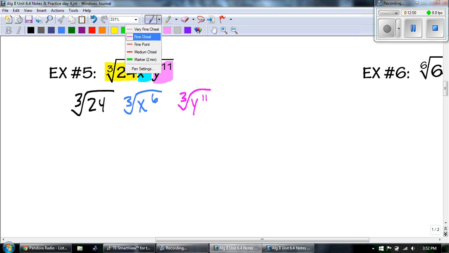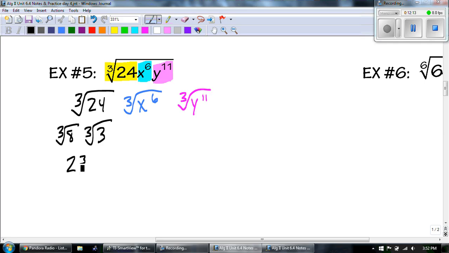So the first part breaks down into the cubed root of 8 and 3. Okay, I'm just going to break this down all the way because I think seeing it this way is a little simpler. Okay, so we have simplified remainder.